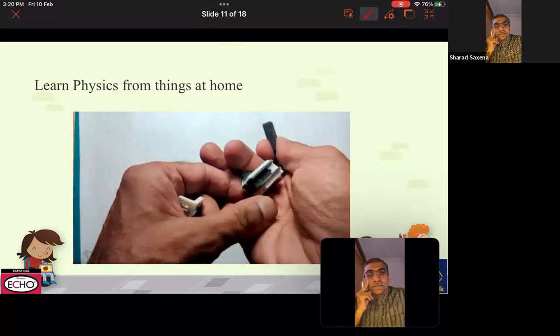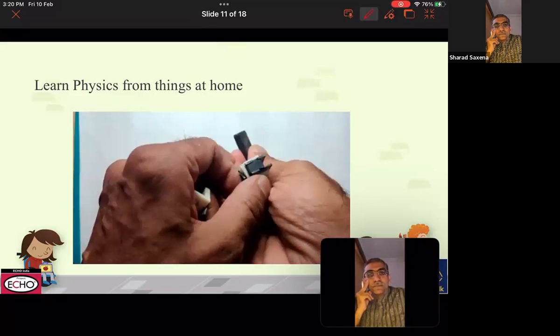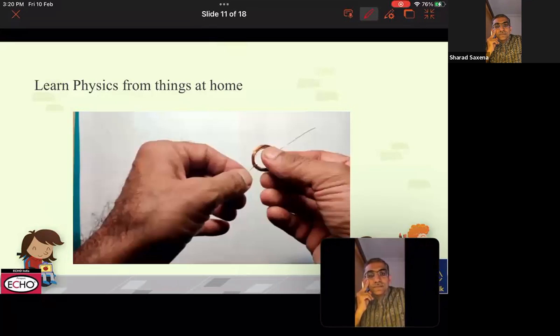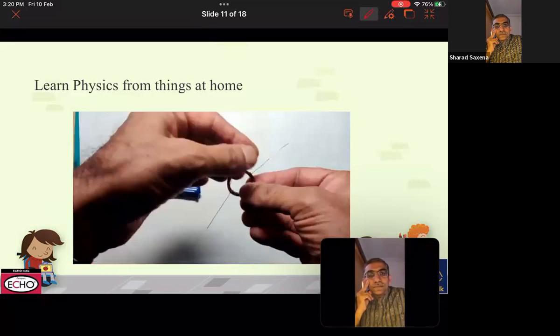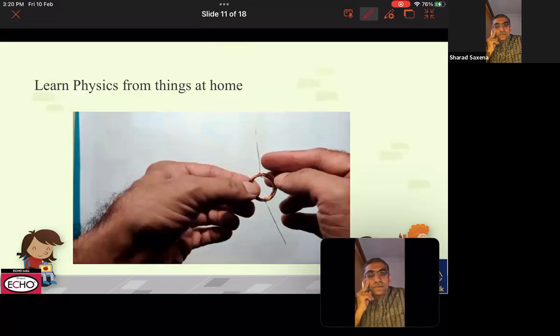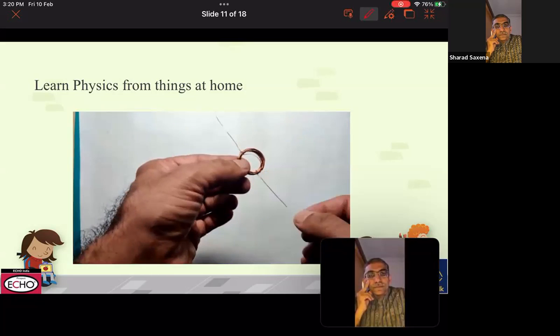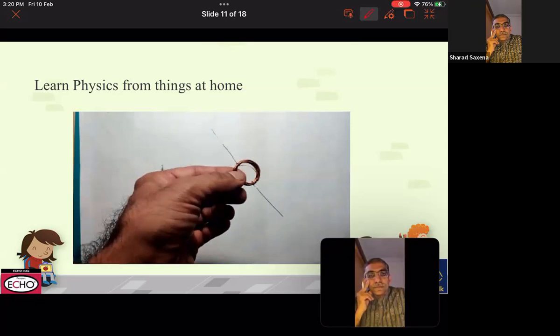So don't throw this away. Take this magnet out. And then we have a coil, a very small coil with two ends straightened up and insulation removed. Now let's do the experiment.